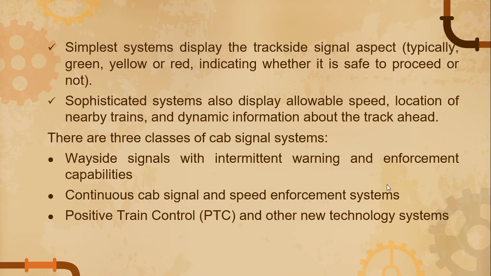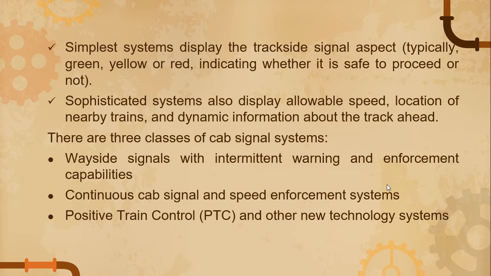So, sa train stations, may mga ganun din. So, next is sophisticated systems that also display allowable speed, location of nearby trains, and dynamic information about the track ahead. So, dito, mamamonitor mo rin kung ano ba yung allowable speed dun sa location na yon or kung meron bang malapit na train sa'yo, pwede mo rin yun mamonitor dito using the cab signaling. It is included here.